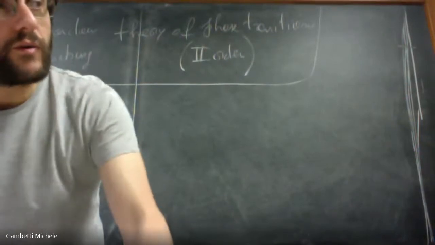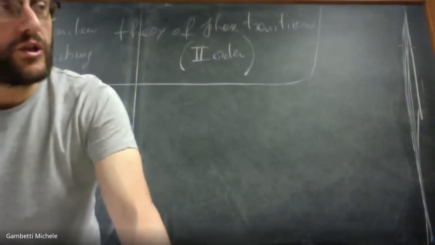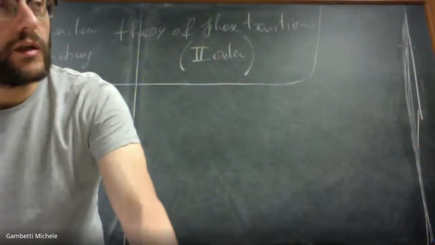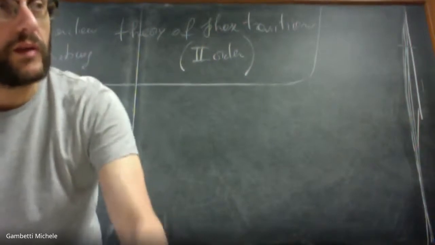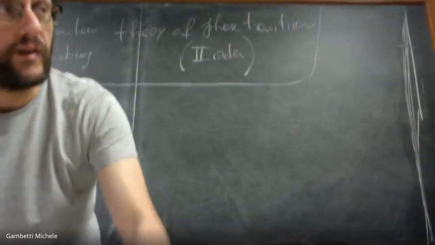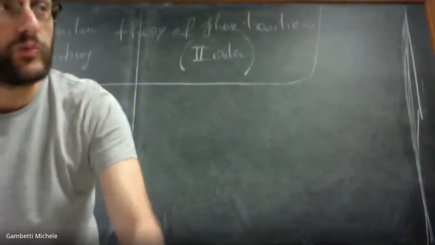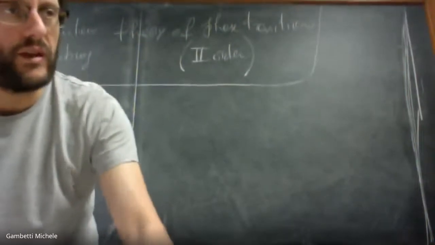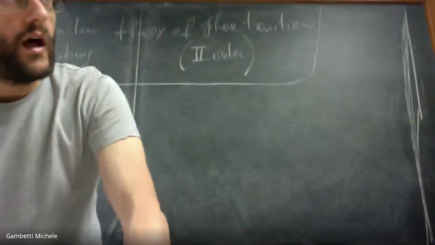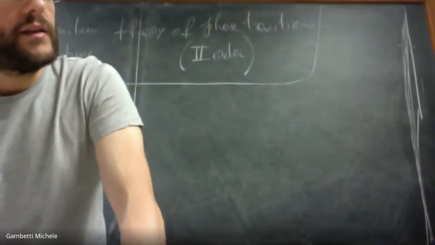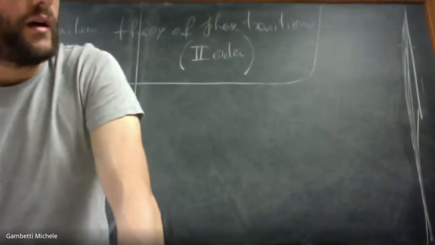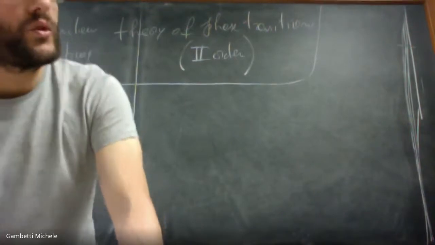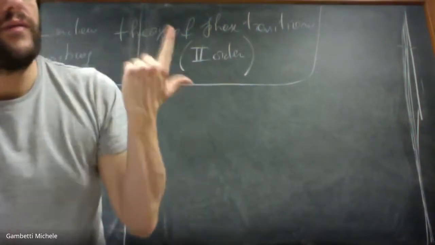If I describe the system in terms of the deviation of temperature with respect to the critical temperature, so T minus Tc divided by Tc, or P minus Pc divided by Pc, and V, etc., I get that the different systems behave in a similar way. We saw the example of the Ising model and the van der Waals gas.